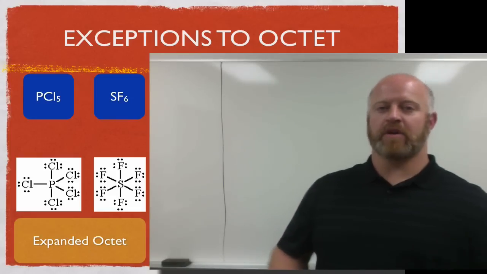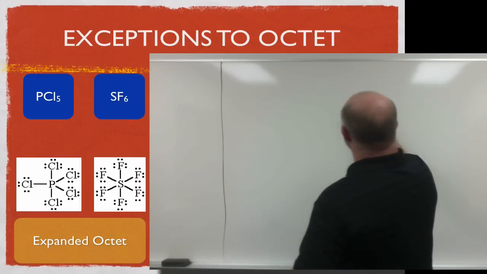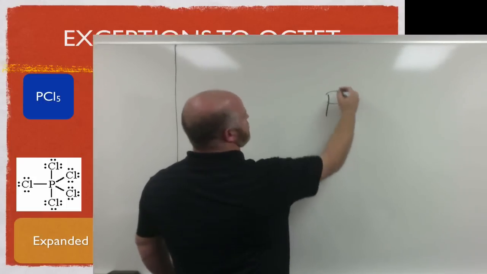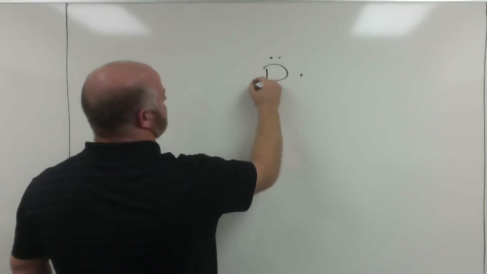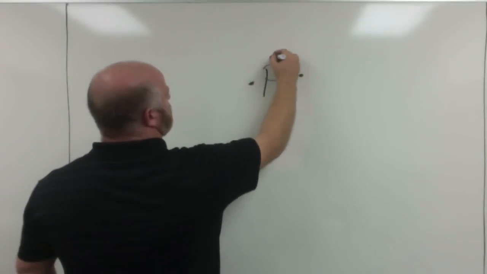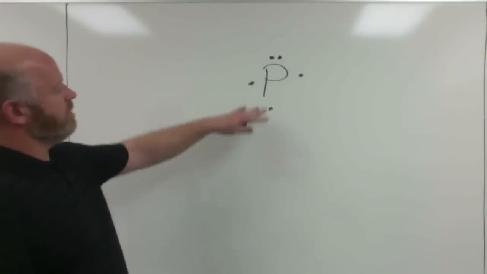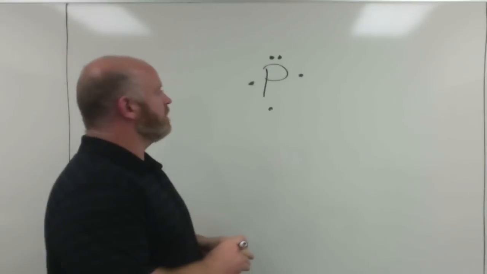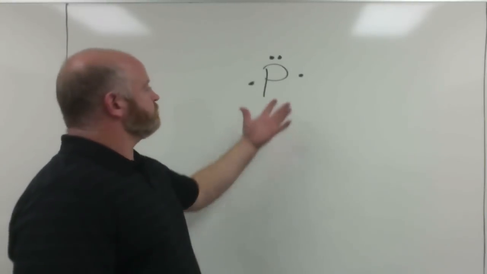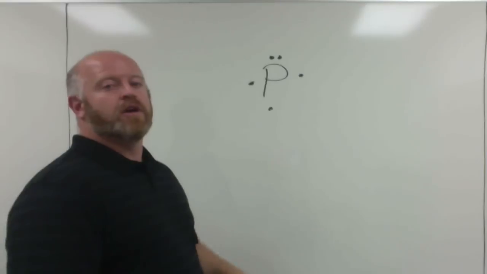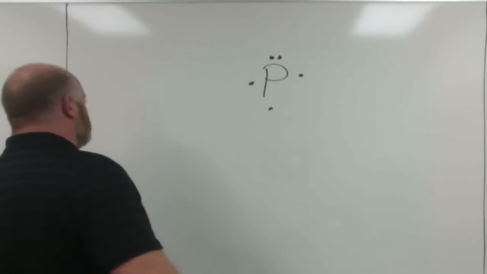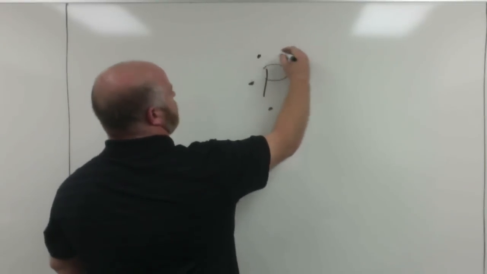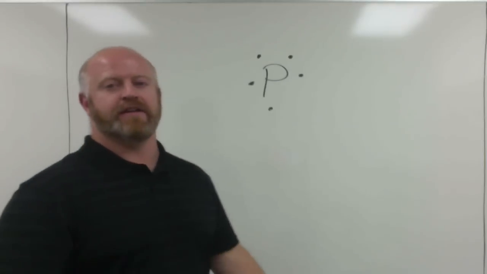Let's take a look at how that works and see why it's possible. When we start off with phosphorus, it has 5 valence electrons. And we typically think, okay, we have 3 places for it to bond and 1 unshared pair, because that's what we've been talking about in terms of formal charges. But what you could also do is imagine these not being paired, and instead imagine them as locations for bonding to happen.